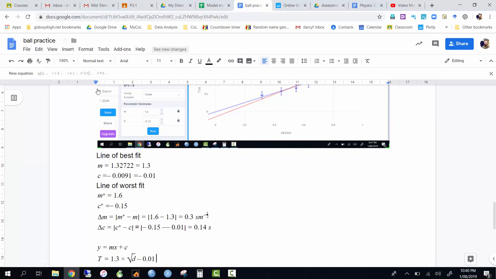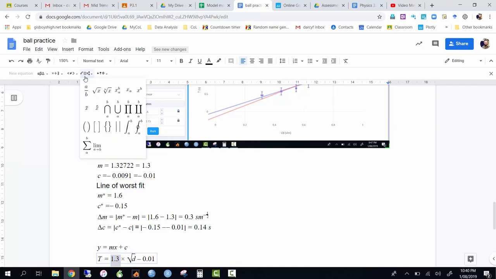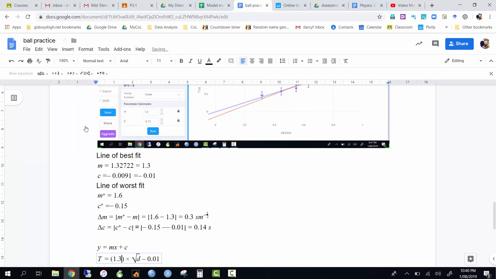Now we have to include our uncertainties. So the gradient, I'm going to put this inside a bracket and you'll see why in a minute. The gradient is plus or minus the uncertainty in the gradient we've just worked out, so it's 1.3 plus or minus 0.3.